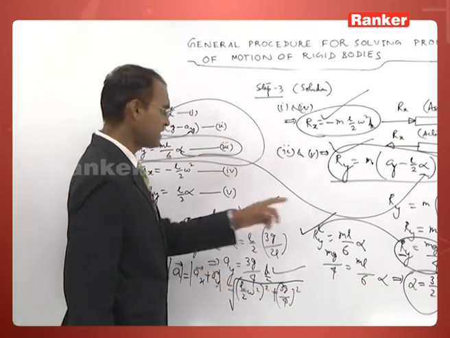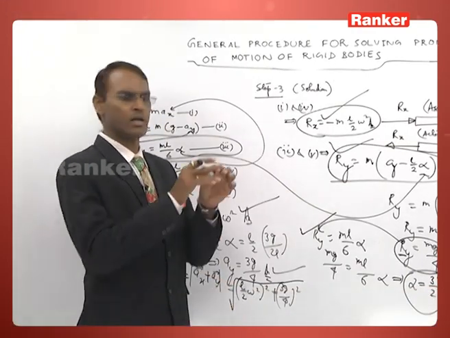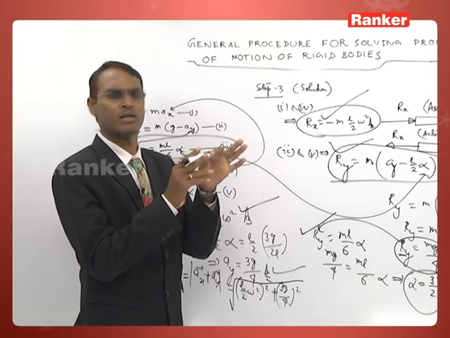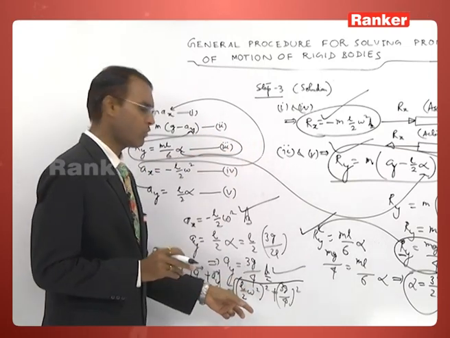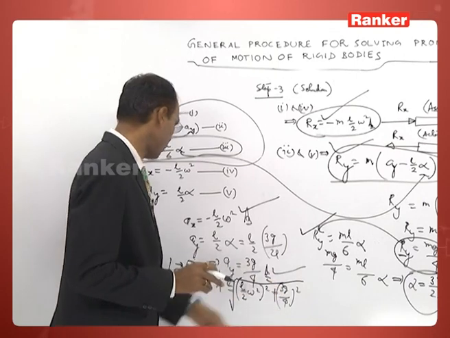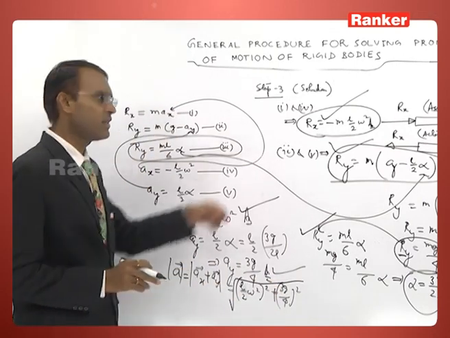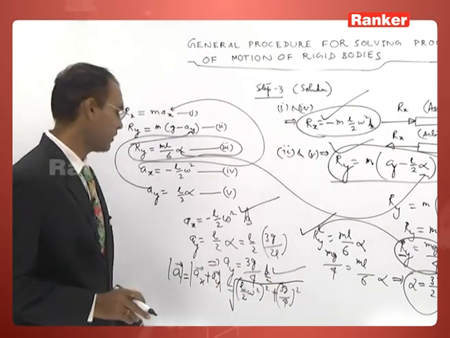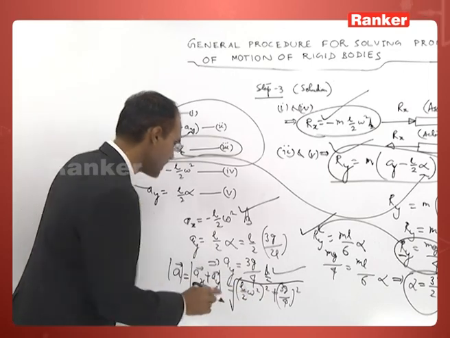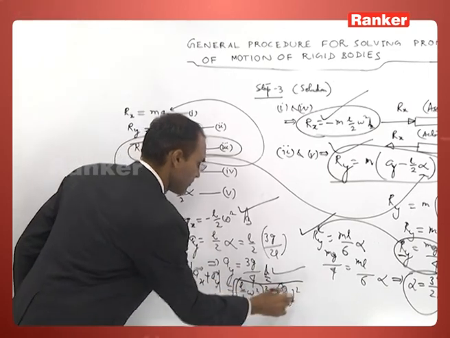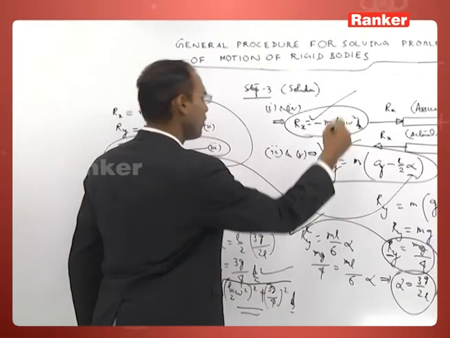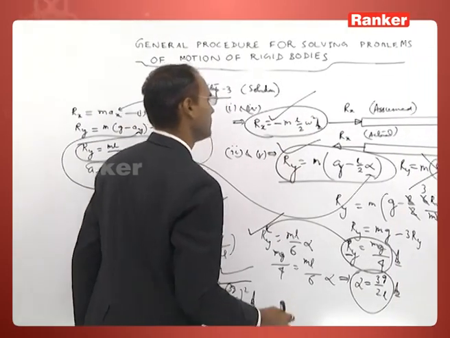If initially it is given that the rod is released from rest, then you can substitute omega as 0 and you get 3g by 4 as the total acceleration, that is vertically downward. But this is a more general solution, answer.